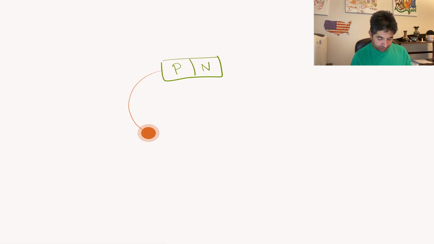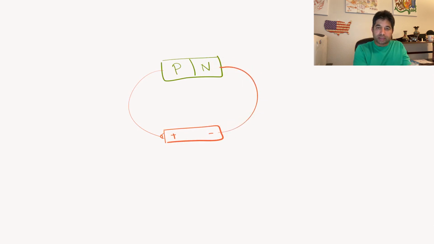Let's add a battery, plus, minus. Connect them like this. So what happens? As you can imagine, the N has a lot of electrons.